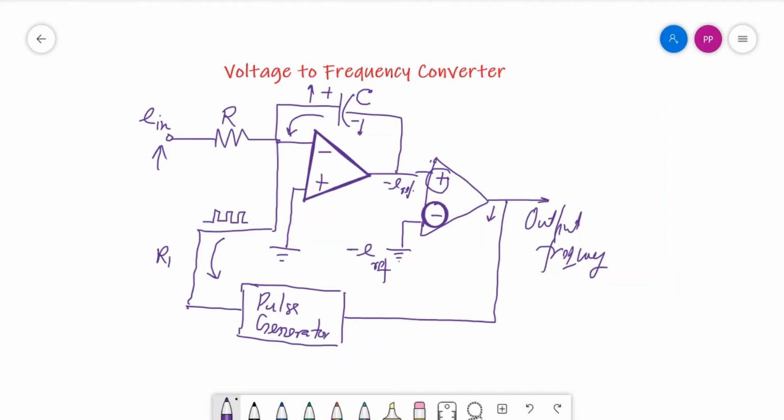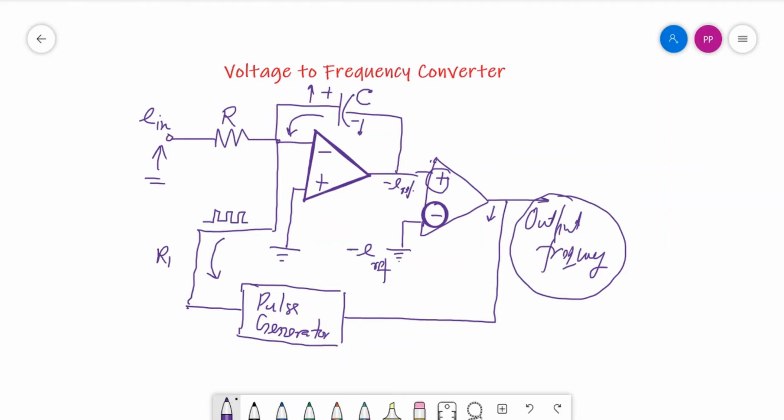In this way, the input voltage is sensed and an equivalent frequency is developed at the output of the voltage to frequency converter. That is how a voltage to frequency converter works, and there are different kinds of voltage to frequency converters. There is even the voltage controlled oscillator, in which a slightly different concept is used.